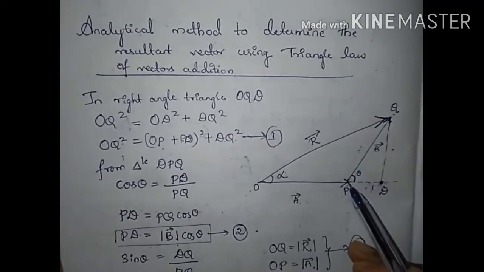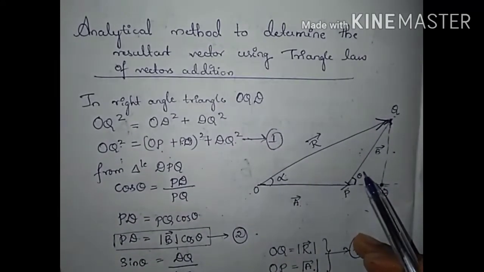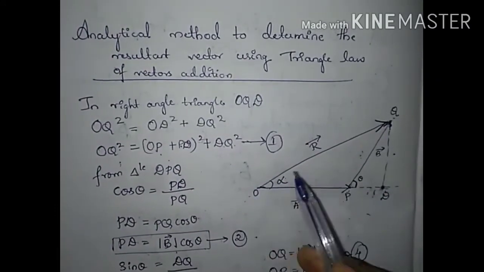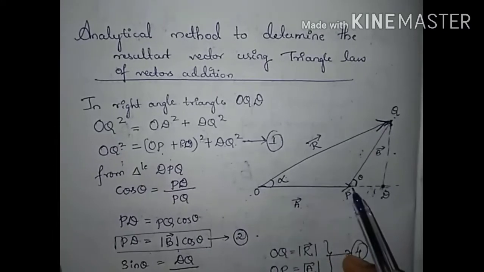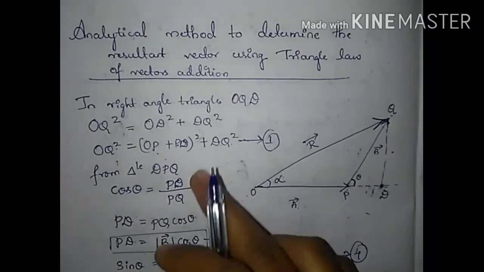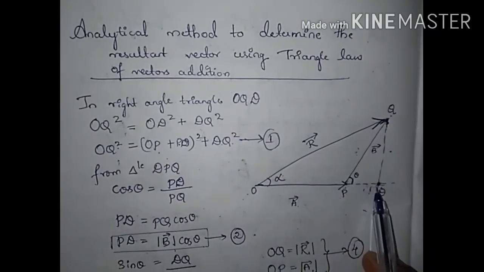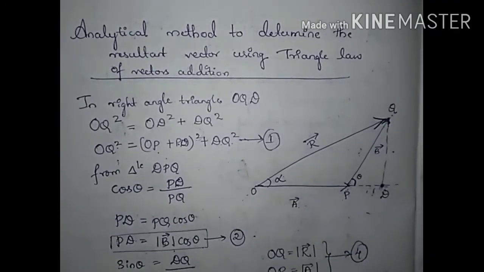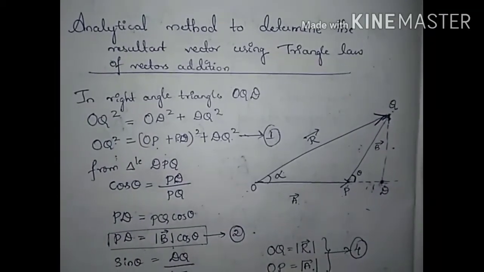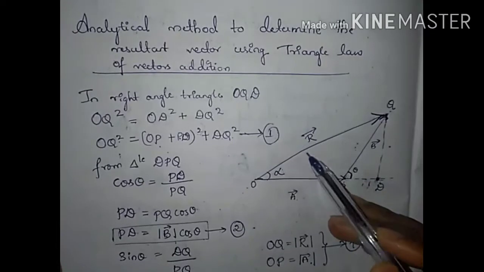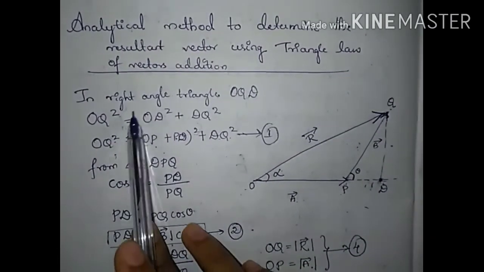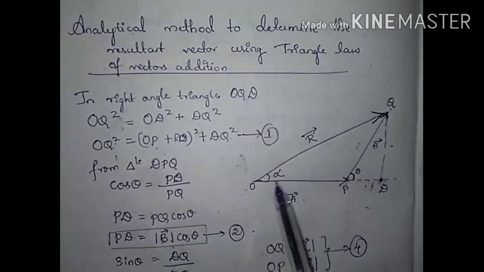So vector B makes an angle theta with the PD line, and vector R makes an angle alpha with the OP line. From this basic diagram we have derived PD and DQ. With this PD and DQ, we found the magnitude and direction of vector R. To do that, we considered the right angle triangle OQD.